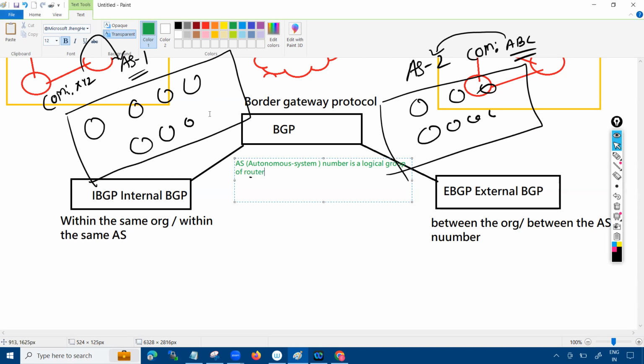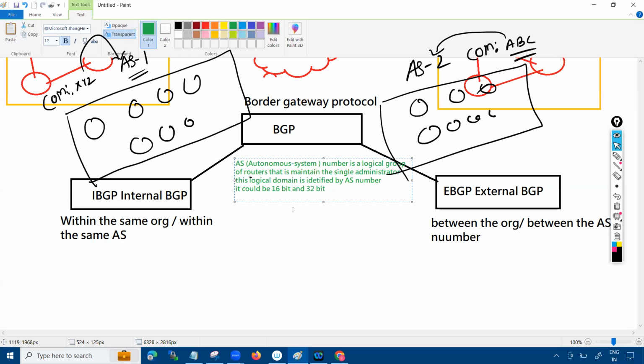So you can see this is one logical group that is maintained by a single administrator. Here, the meaning of administrator is a company. This logical domain is identified by an AS number. An AS number could be 16-bit and 32-bit as well.